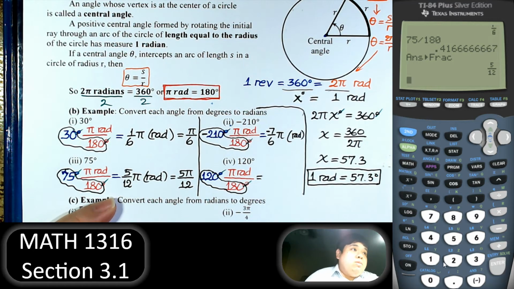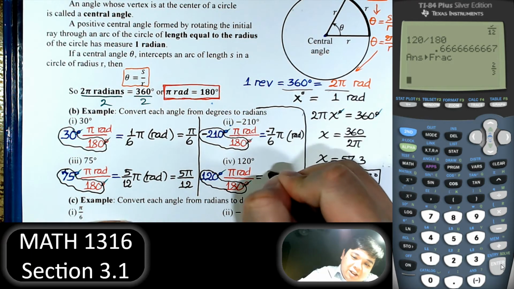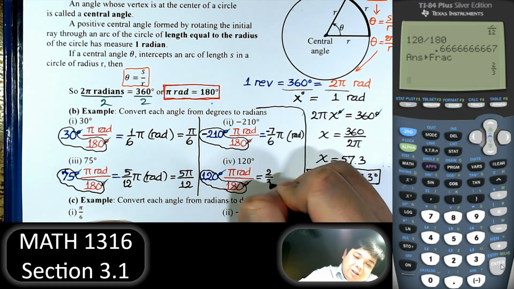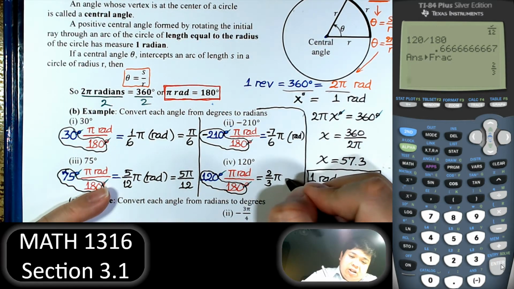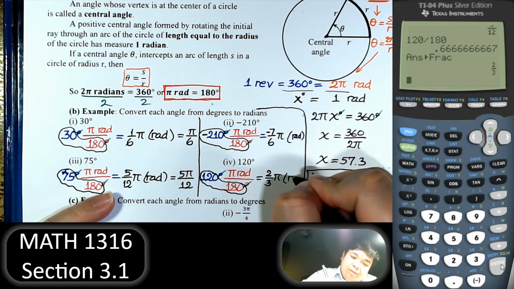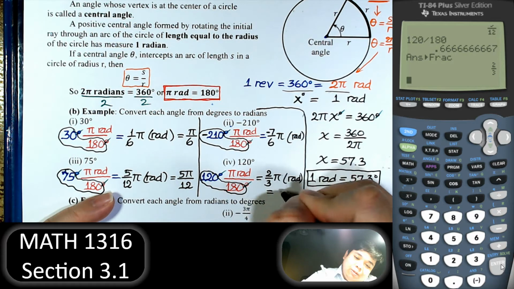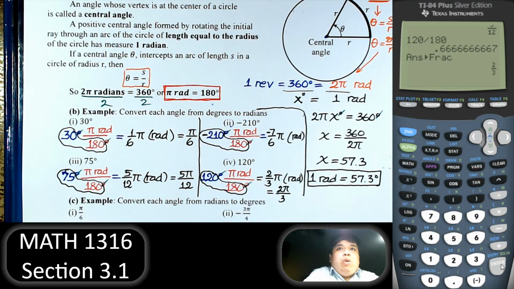That is 2/3, by the way, so two-thirds pi. Whether we put radian there or not, it doesn't matter. So that's what we have, right?